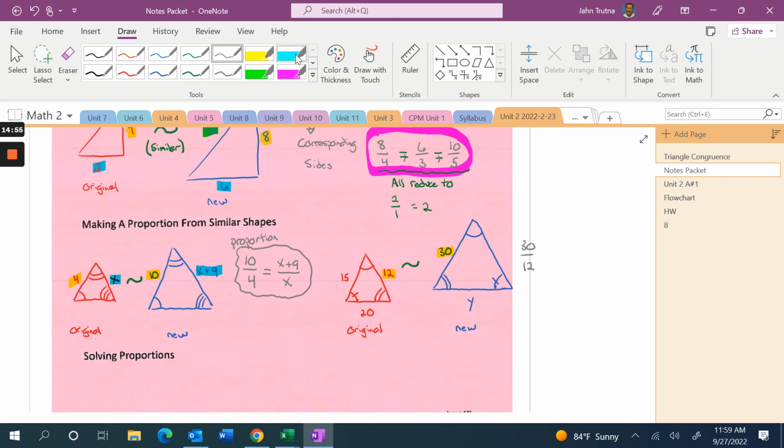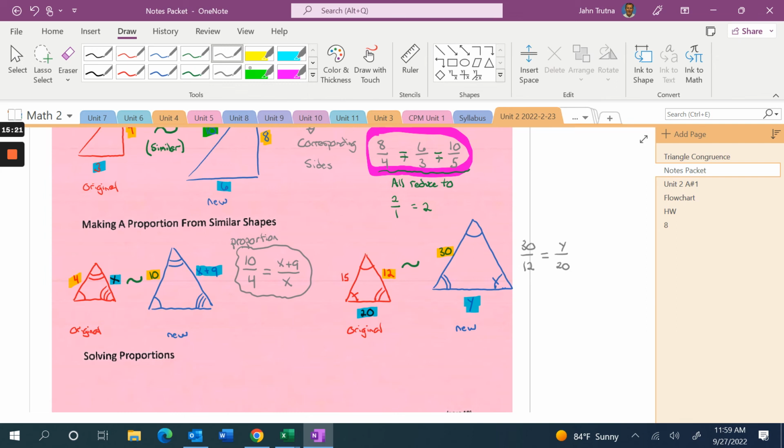Okay? Then I'm going to pick another side from my new shape, which is y. And y is going to correspond with 20. And the markings of the angles tell me why the y and the 20 correspond with each other. So another ratio is going to be y over 20. Remember, when you're writing your ratios, it's always the new shape on the numerator, the original shape on the denominator.